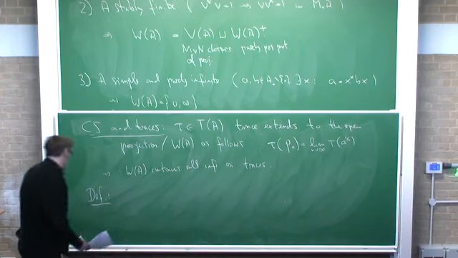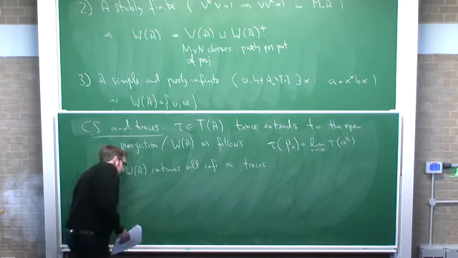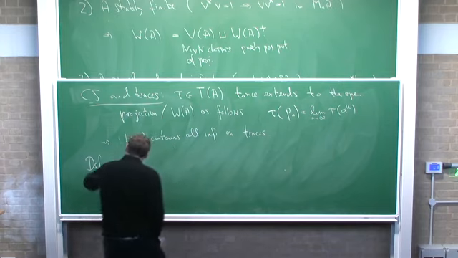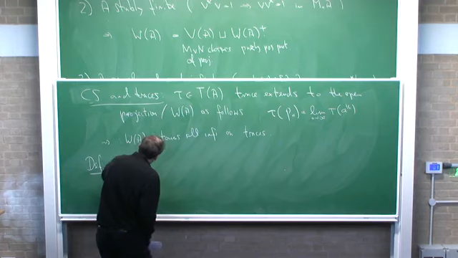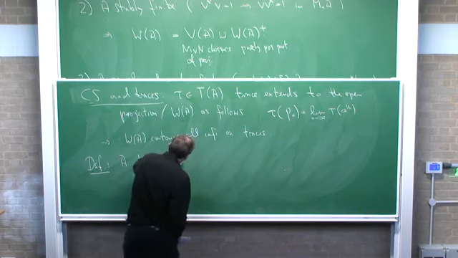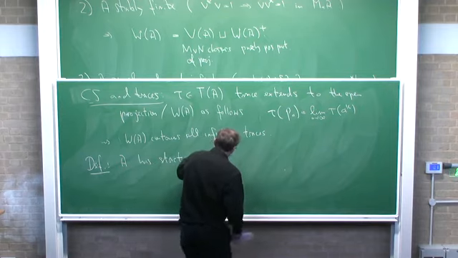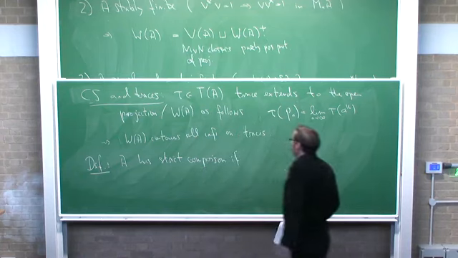Okay, and one thing I want to mention is a technical condition here, which will feature later. That is a technical notion of strict comparison. So we say that A has strict comparison if the following holds.